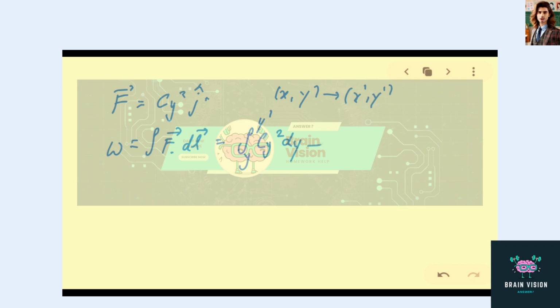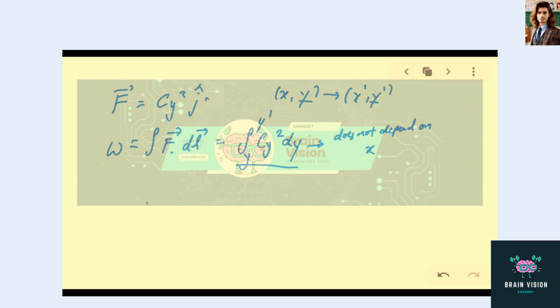Now what this tells us is that the work done doesn't depend on x, and with the same starting and ending points, we will have the same y values, and therefore the final answer for work done would not be affected by any change in the x values.